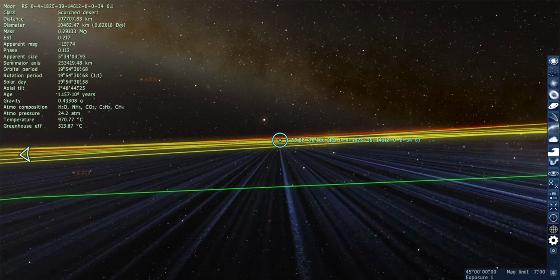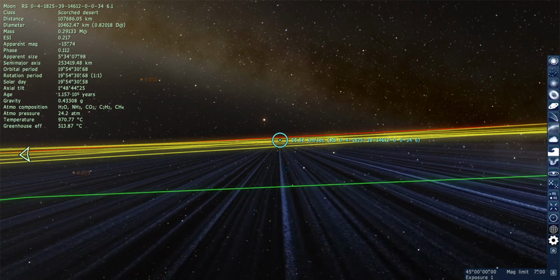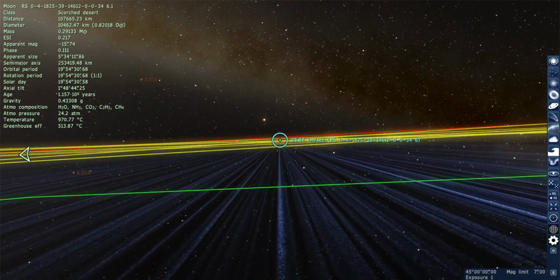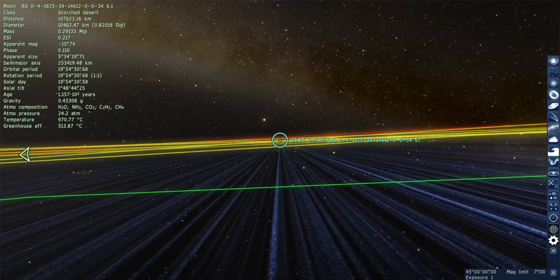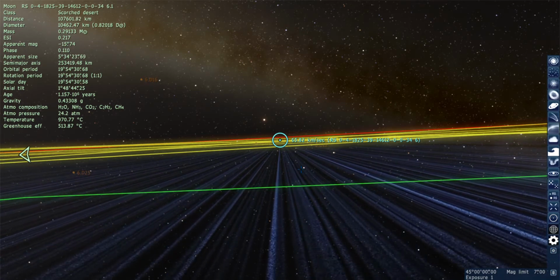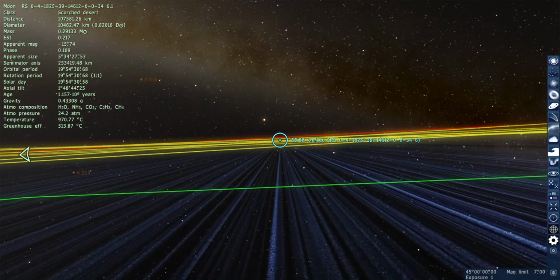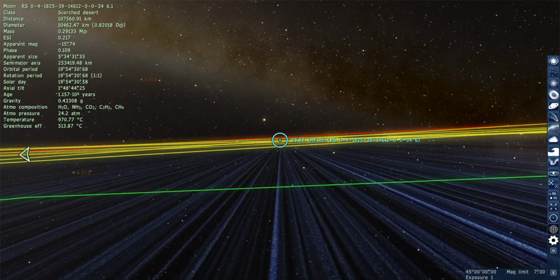So it's the main unit of rings around gas giants. Basically, the rings are referenced to the gas giant.